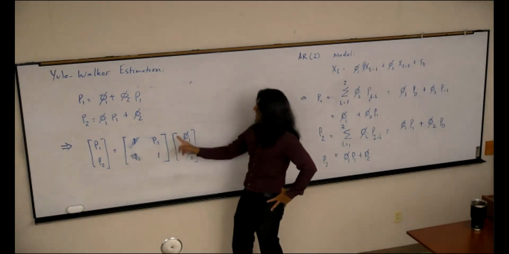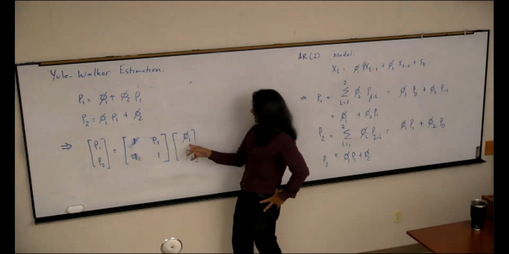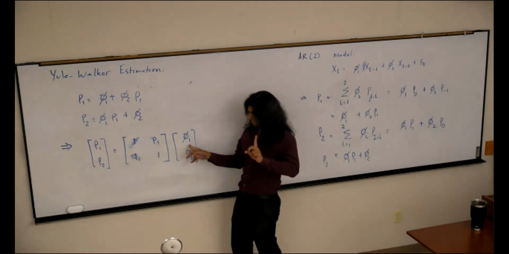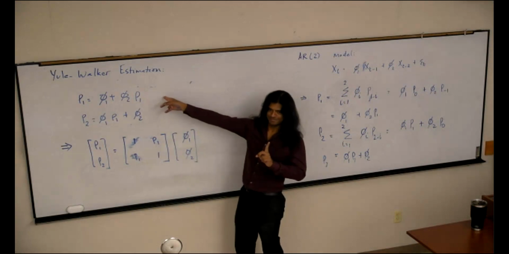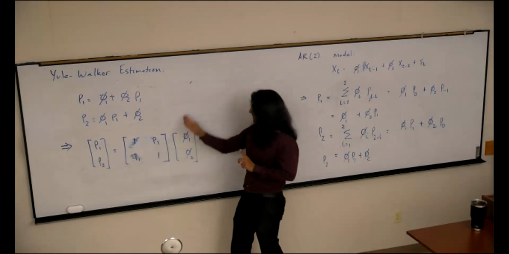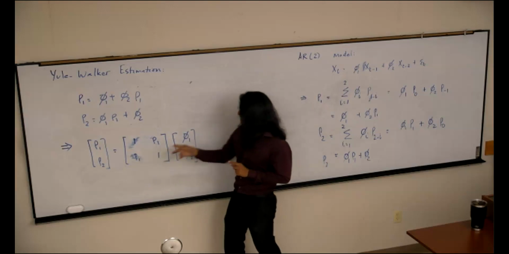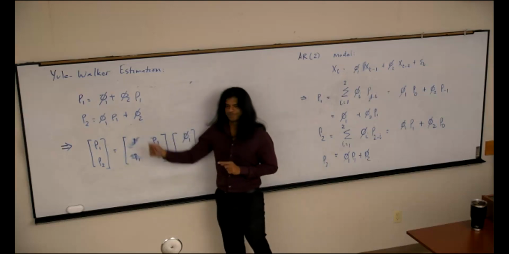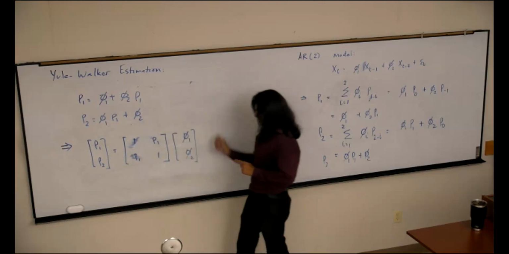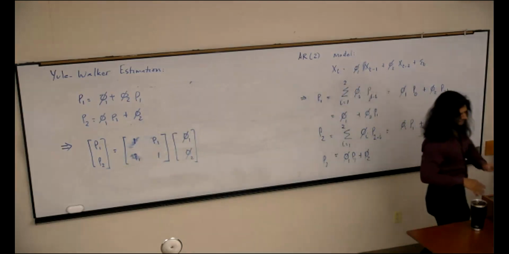So run, jump: 1 times v1 plus rho 1 times v2, then rho 1 times v1 and 1 times v2. Run, jump, an easier way to remember.